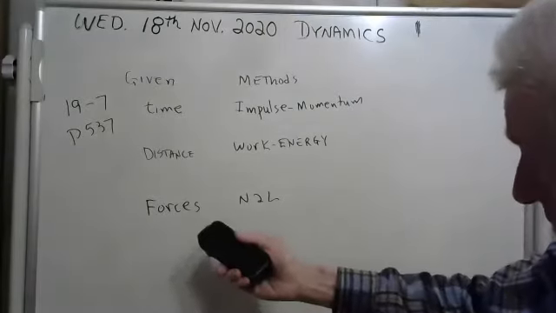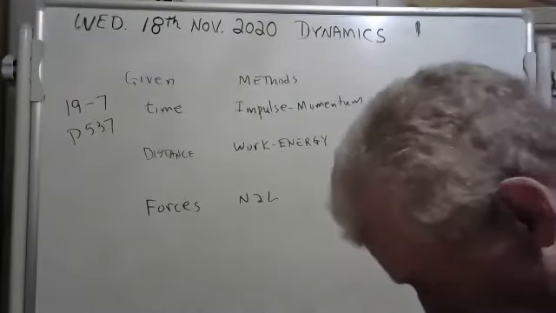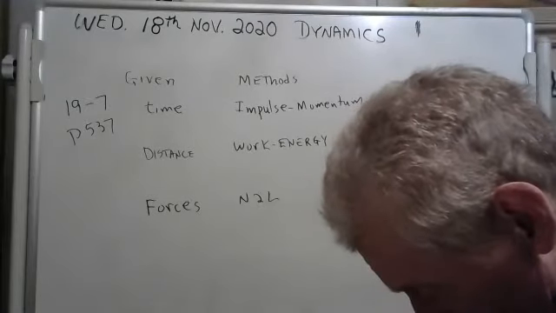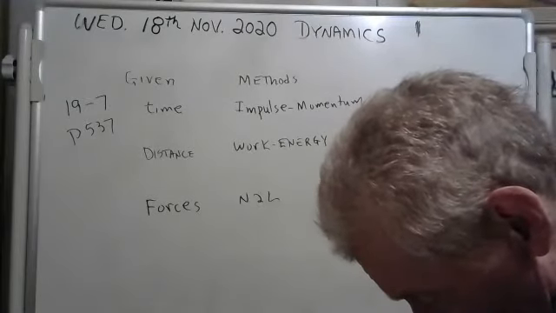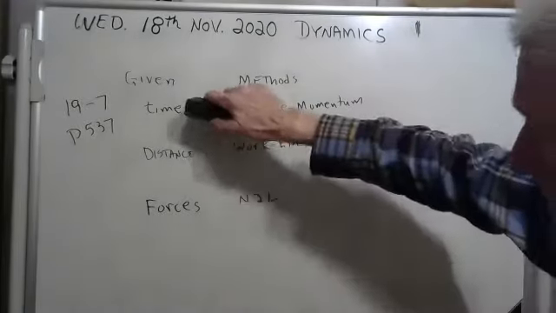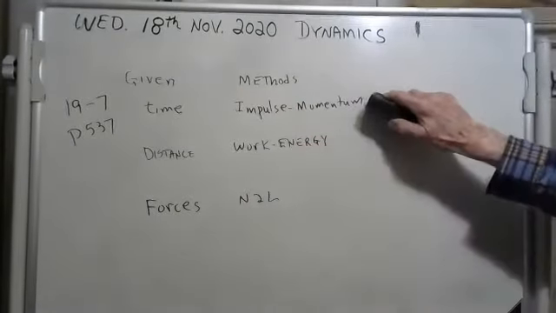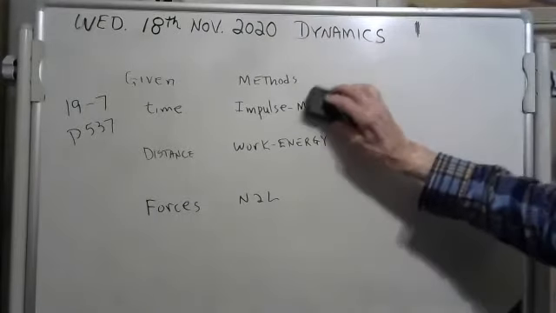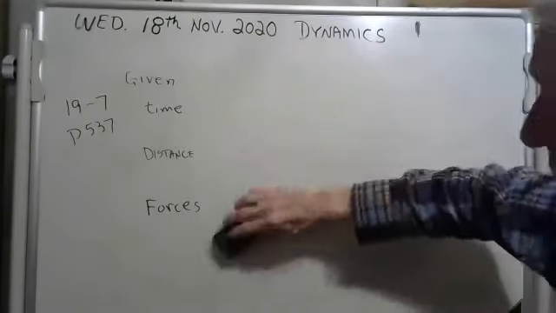So you might be tempted to use Newton's second law. But they give you time. Did you see that? They give you 3 seconds time. If they give you time, this is probably the method you want, the impulse momentum method. So we'll do that.